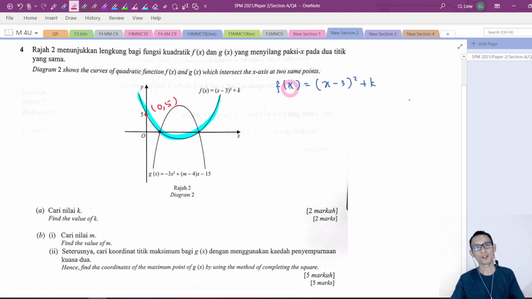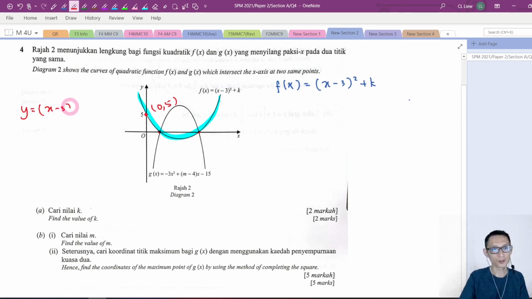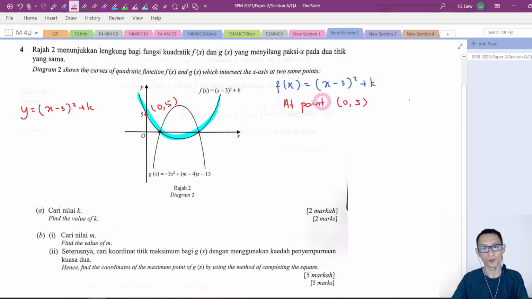So this f of x is the same thing as y, because f of x may make you a little bit confused. So the 5 will be here, and x here, 0, we can bring in here. At point 0, 5, so this is y, 5. And the 0 I'm going to bring in here.